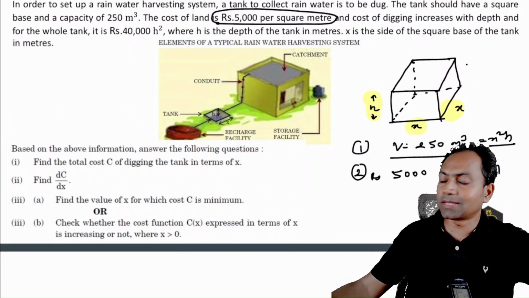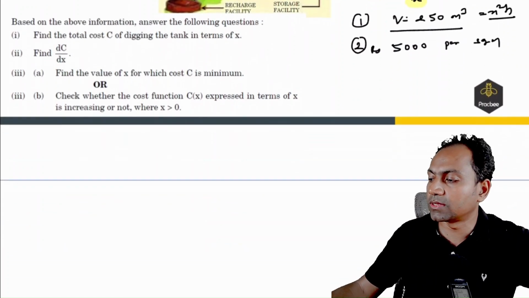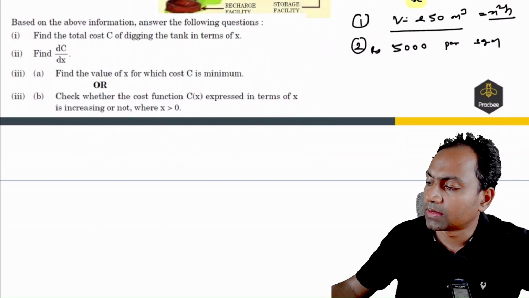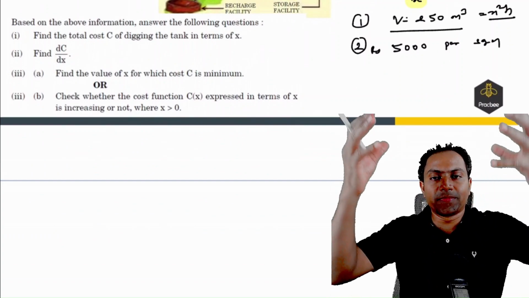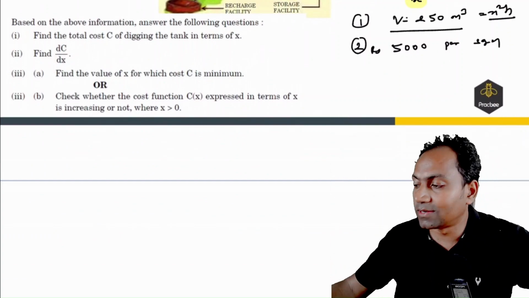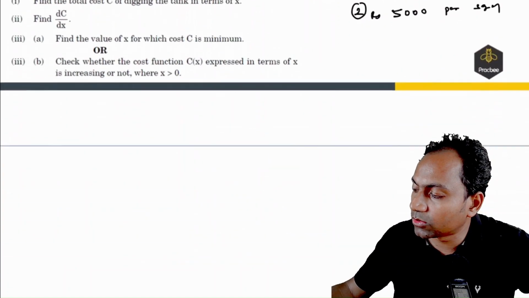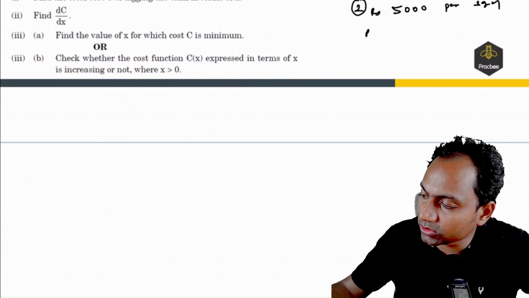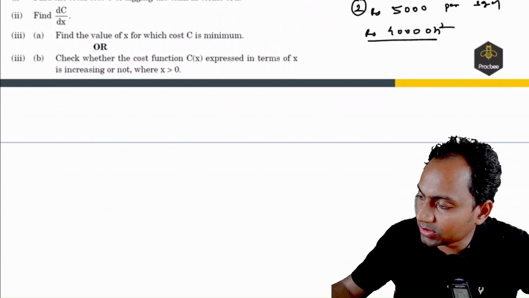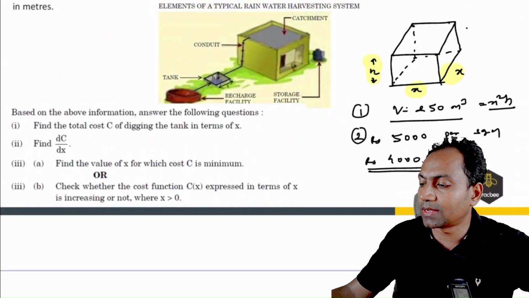And another costing that they're talking about in this question is nothing but the cost of digging. So if you are making a tank, you will have to dig and take that earth out. So that was given as nothing but rupees 40,000. That cost of digging is 40,000 h square. So these are the two things that are given in the question.